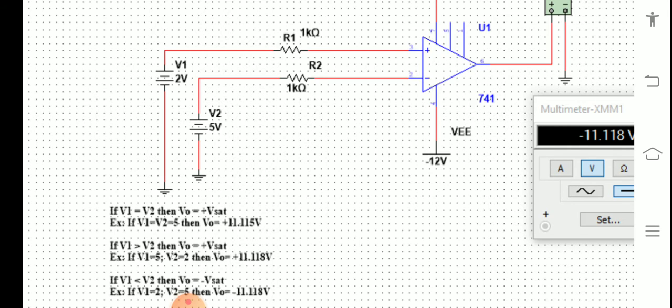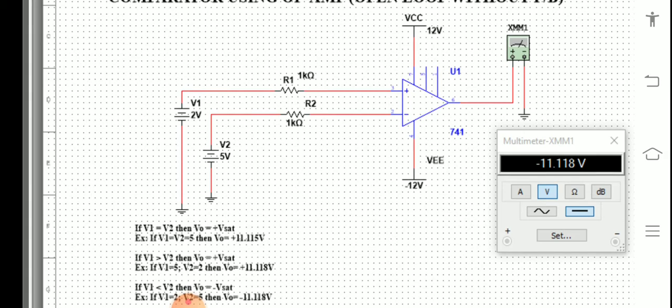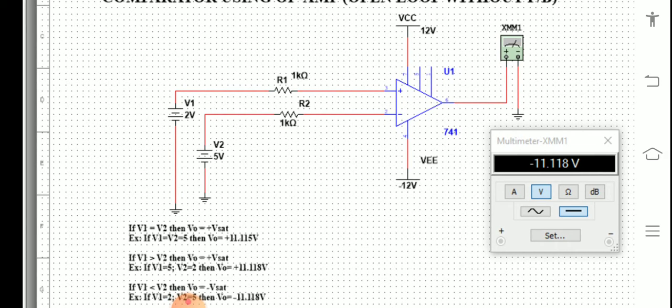Here we are giving one input to your inverting terminal and one input to your non-inverting terminal, so only then your op-amp will perform the comparing operation for both the inputs. Your output will always be approximately equal to your V saturation value.